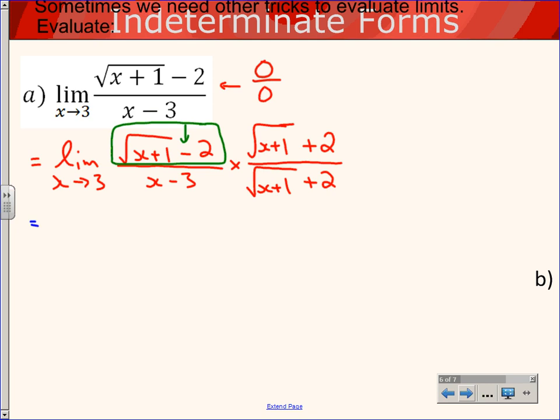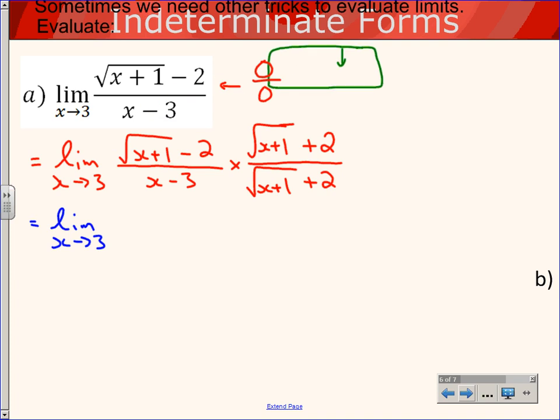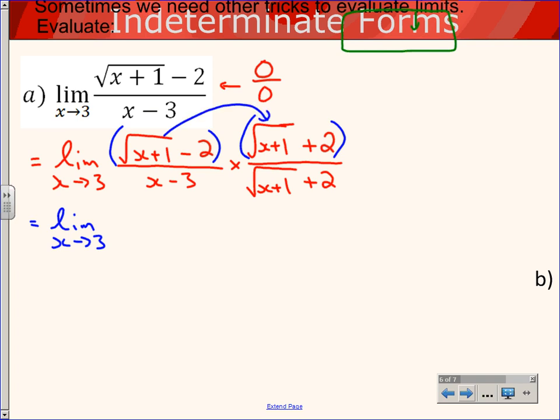And here's where part of an expanding idea comes in. I'm going to get rid of this guy. We kind of have a binomial, two things, times another binomial there. And I'm going to just multiply them all together. So I have to do everything in the first bracket times everything in the second bracket.